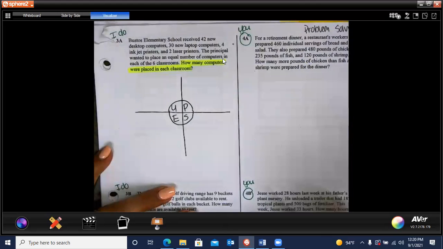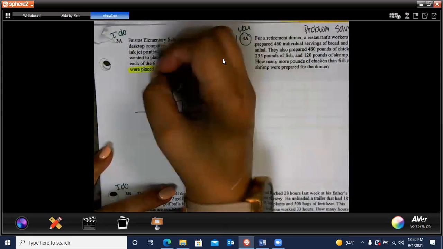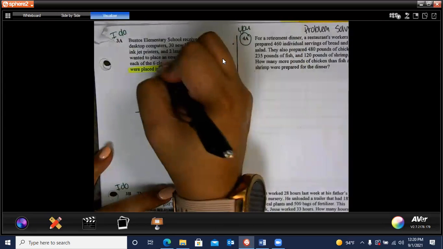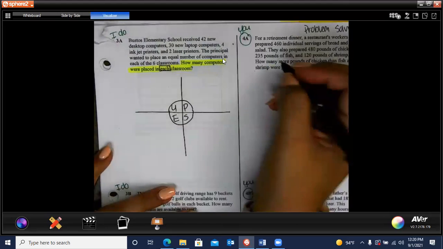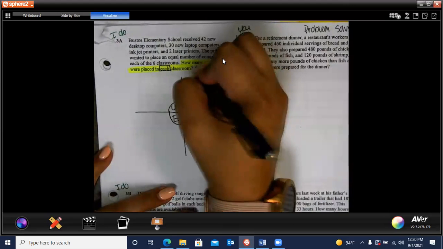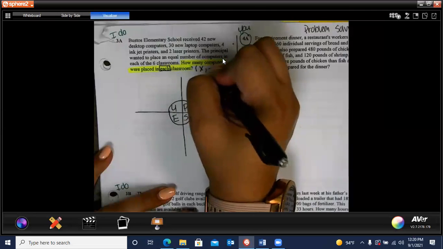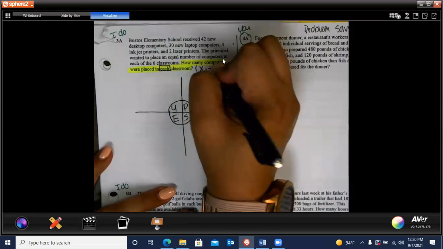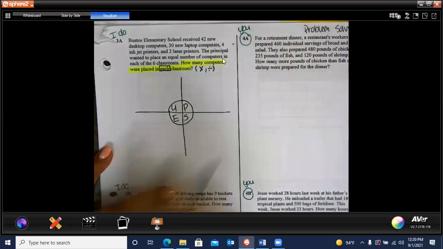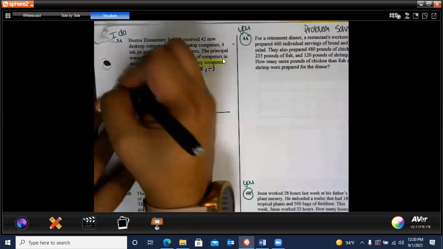Ooh, clue word. What is the clue word there that we can box? Each. So we know that the word each means what? It's either multiplication or division. So let's rewrite that question.